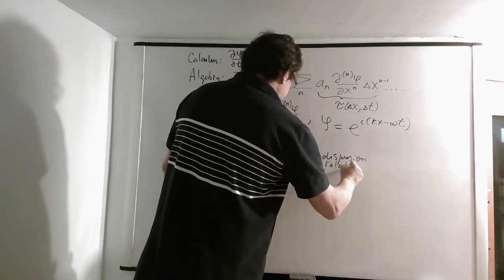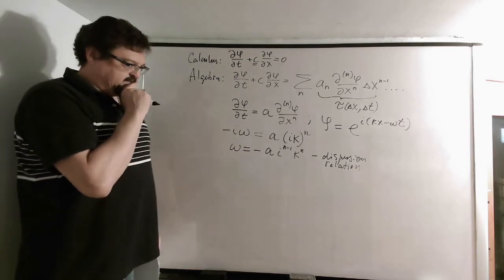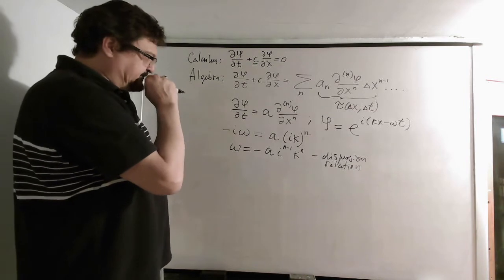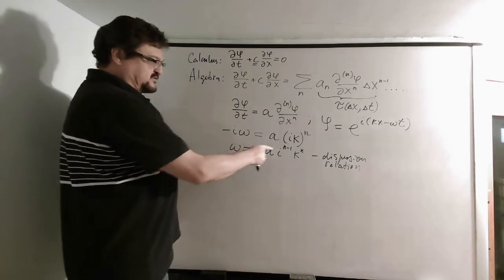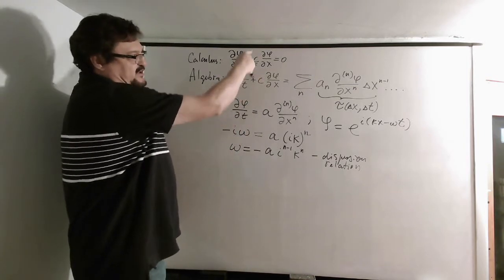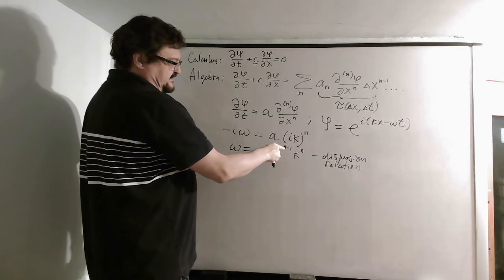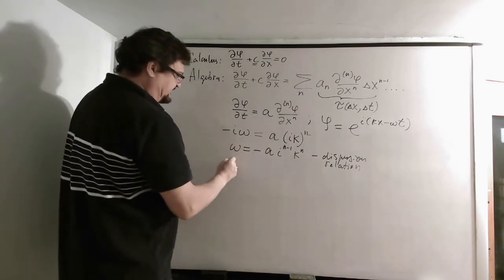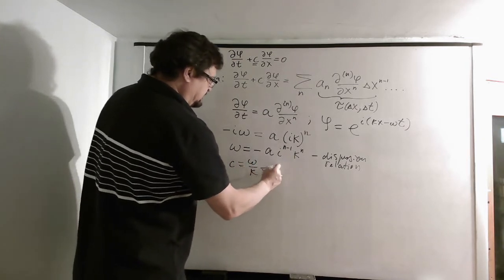So you see, depending on n, we have different dispersion relations. For n equal to 1, which is our solution for our original equation, i to the power of 0 vanishes and it becomes k, so omega divided by k equals c.